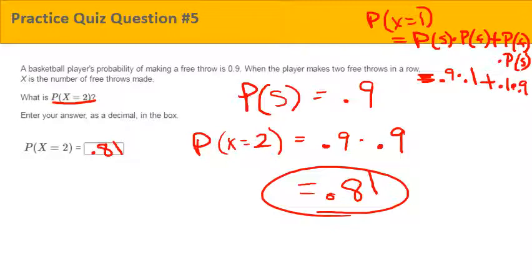Okay? And let me type that in my calculator. 0.9 times 0.1 plus 0.1 times 0.9, and you get 0.18. Okay, that is the probability of x equals 1 if you were asked to find x equals 1. And if you're asked to find x equals 0, that is probability of failure times probability of failure, which would be 0.1 times 0.1. Okay, so keep that in mind when you're trying to solve question 5.